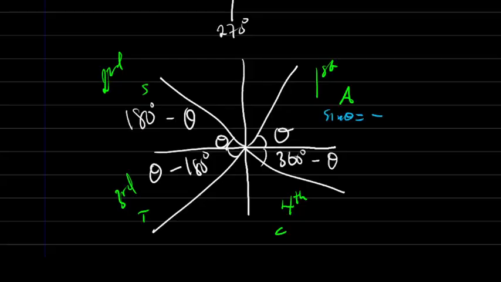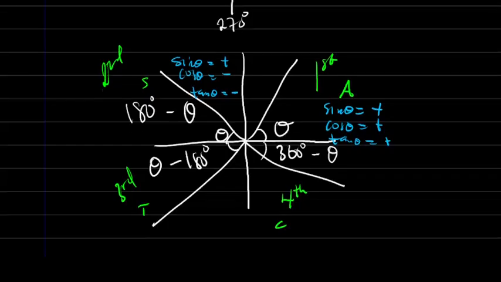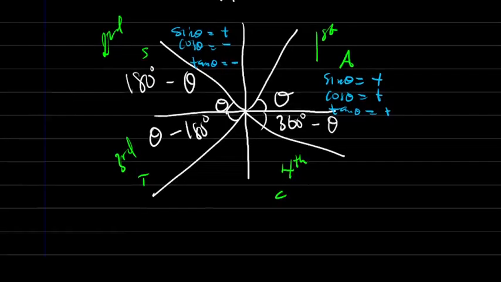And don't forget, in the first quadrant sine theta is positive, cos theta is positive, and tan theta is positive as well. Now, here as well, sine theta is positive, cos theta is negative, and tan theta is negative. Here as well, third quadrant, we have sine theta negative, cos theta negative, and tan theta positive.